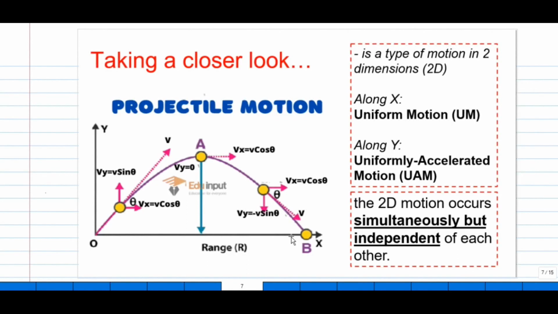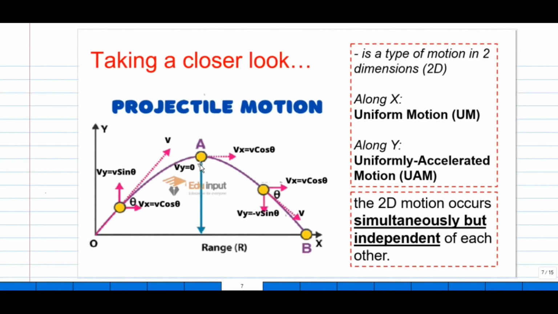In the same manner, the vertical velocity of the projectile will not determine how far the object will go horizontally, or will not determine the range of a projectile. The vertical component of the velocity is involved only in determining how high the object will go. Okay?